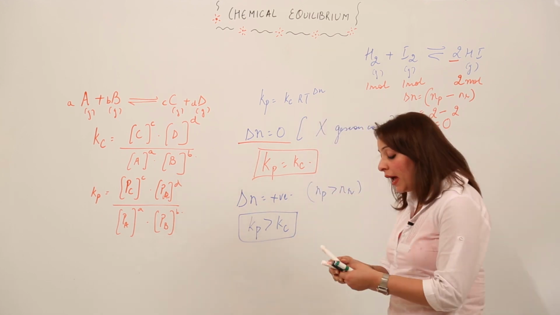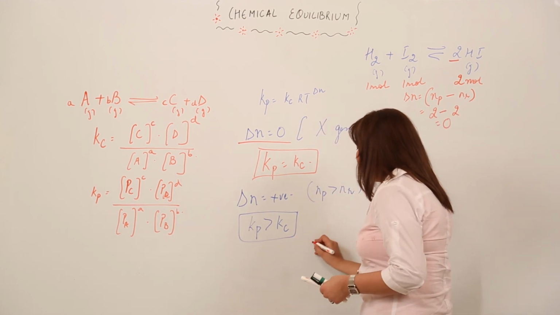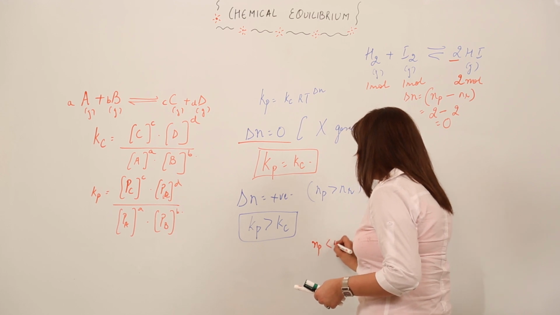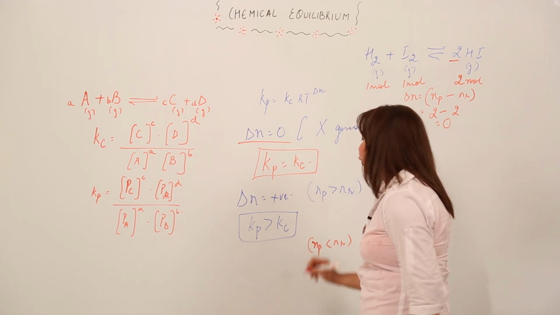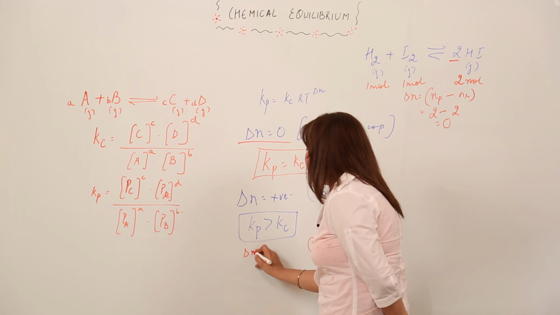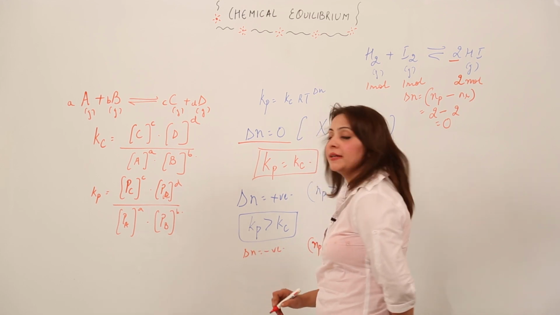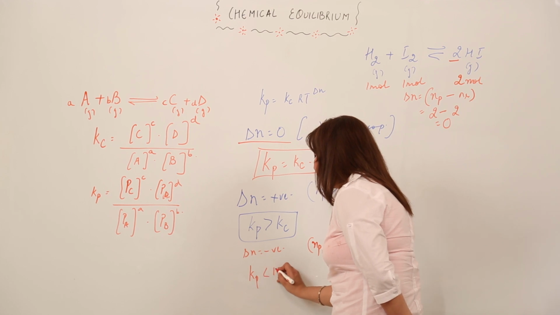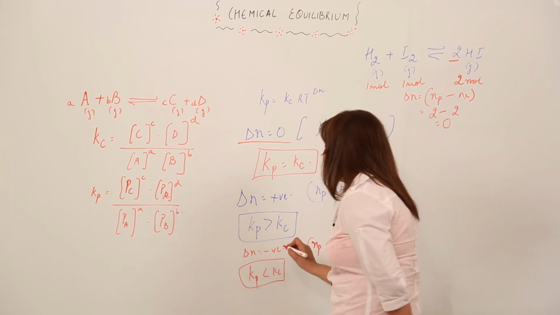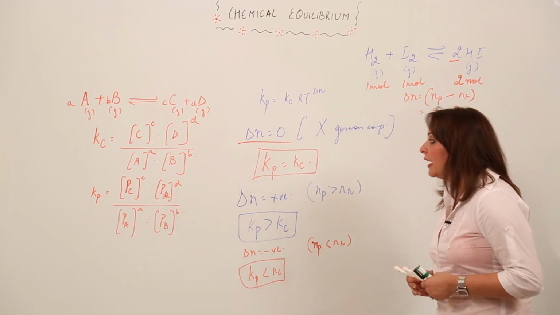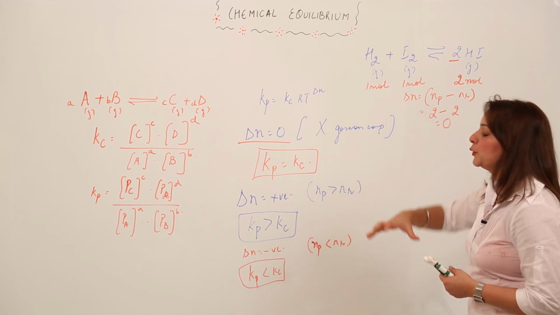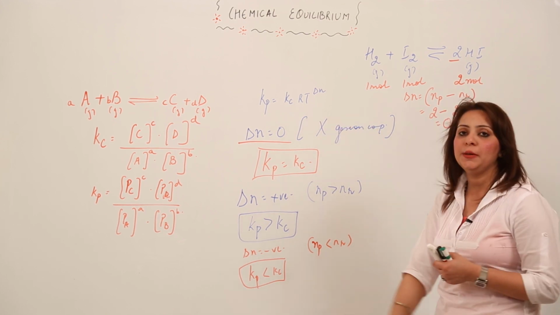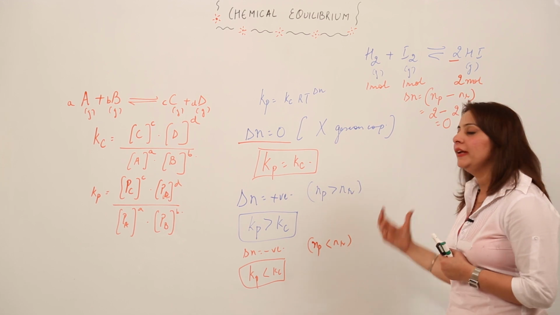And we have a condition when the number of moles of product is less than the number of moles of reactant. In this case, the change in number of moles is going to be negative, so Kp is going to be less than Kc, as in this case Kc is greater than Kp. I think you got it, under what conditions, what is the relation between Kp and Kc and how they are related to each other.